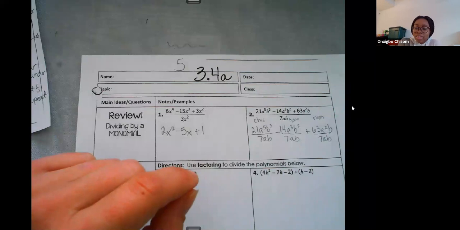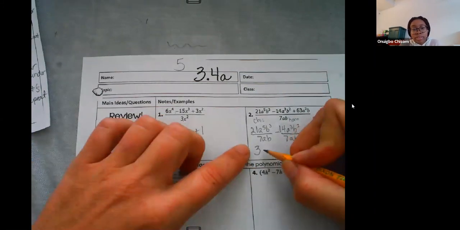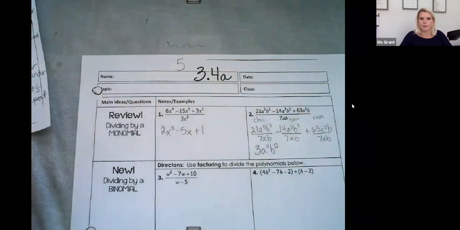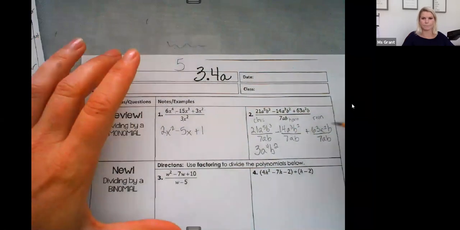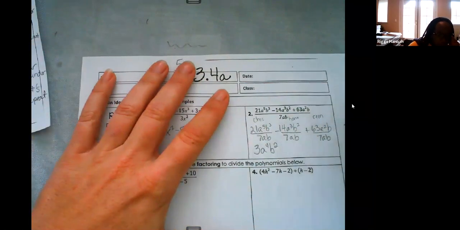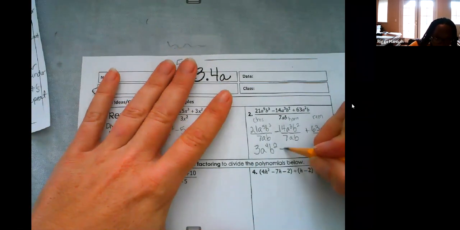For the first one, I got 3a to the fourth and b to the second. You were right. Good. Hannah, the next one. For negative 14a to the third b squared, I got negative 1a squared b.